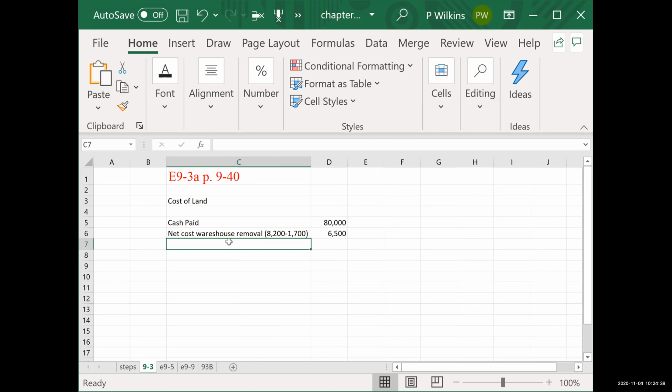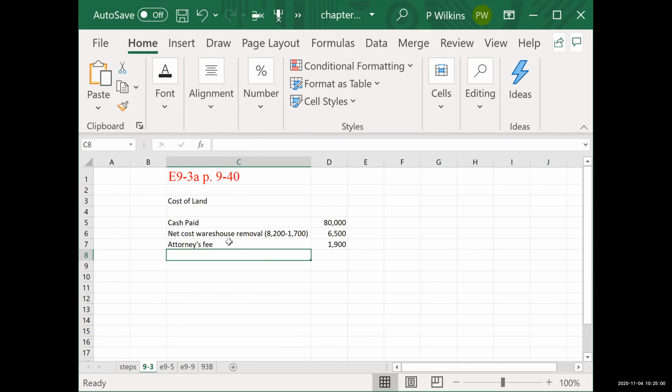The next thing that would be included is the attorney's fees. That would be part of this because that's part of the fees that were needed to purchase the land. And the attorney's fees were $1,900. Let's see what else they have.